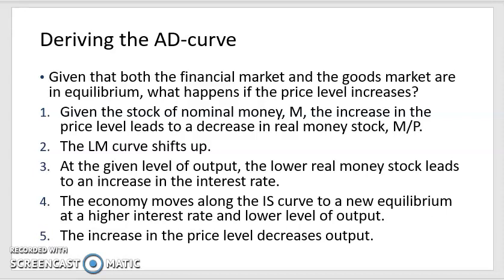It is downward sloping, which suggests that an increase in interest rate leads to a decrease in output. The LM curve is drawn for a given value of real money stock. It is upward sloping, which tells us that an increase in output increases the demand for money, and interest rate increases so as to maintain the equality of money demand and the unchanged money supply.